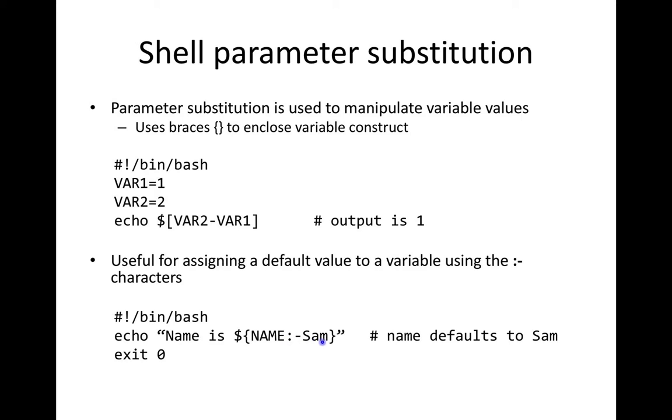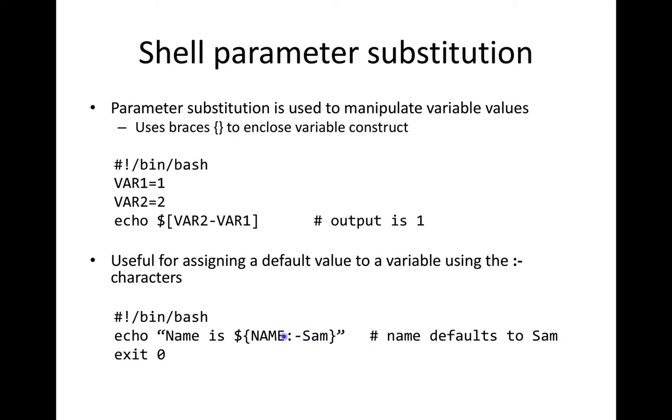:-sam. What the :- syntax means is that the interpreter will print out the value of the name variable if it's already been set. But if there's no value set in the name variable, if that variable has no value, then the interpreter will default to the value sam, and it will display that value.